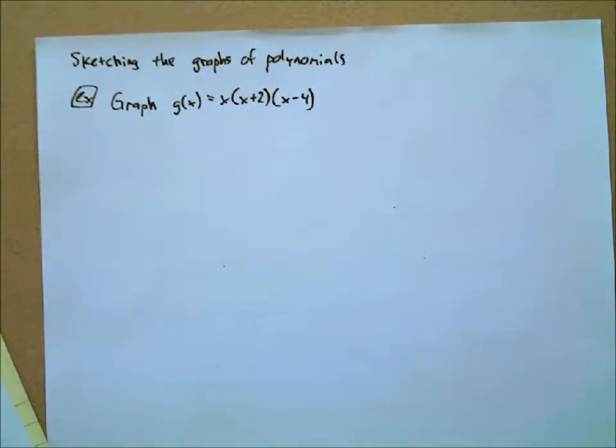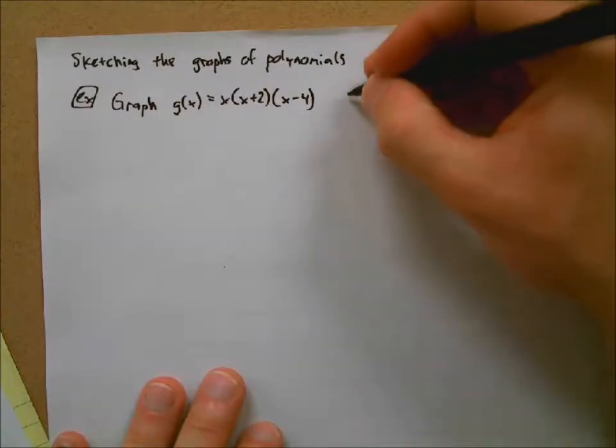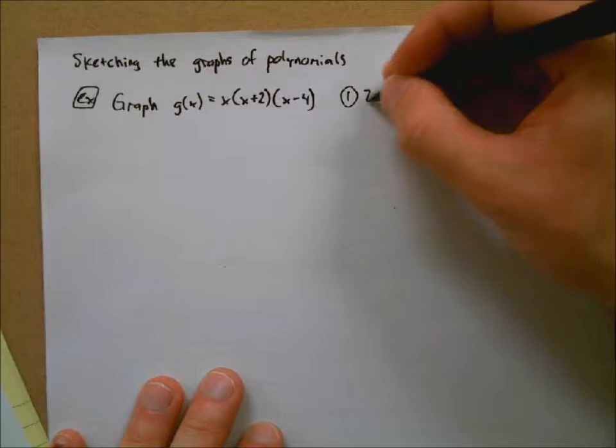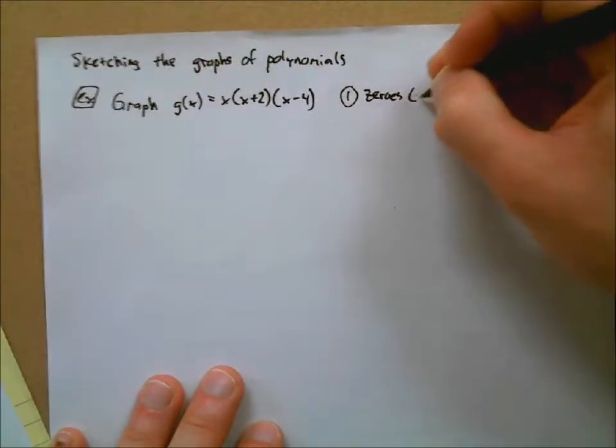So we're going to graph this polynomial here. It's already factored for us, which is very kind. Here are the pieces I will be looking for when sketching the graph of a polynomial like this. I would like you to find the zeros, or in other words, the x-intercepts.